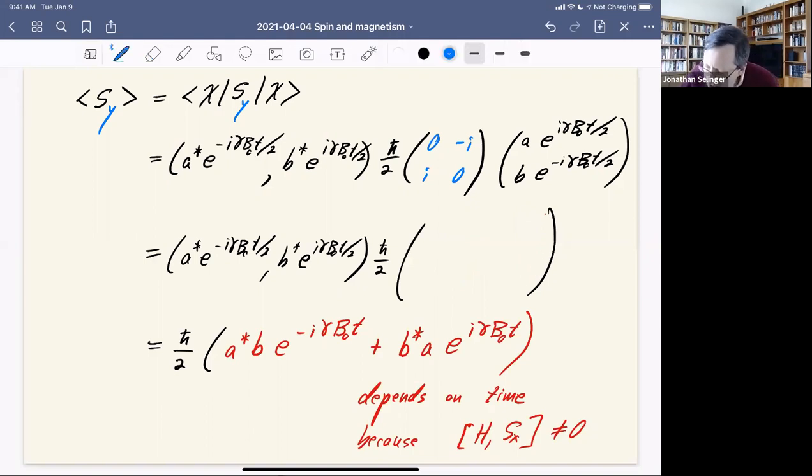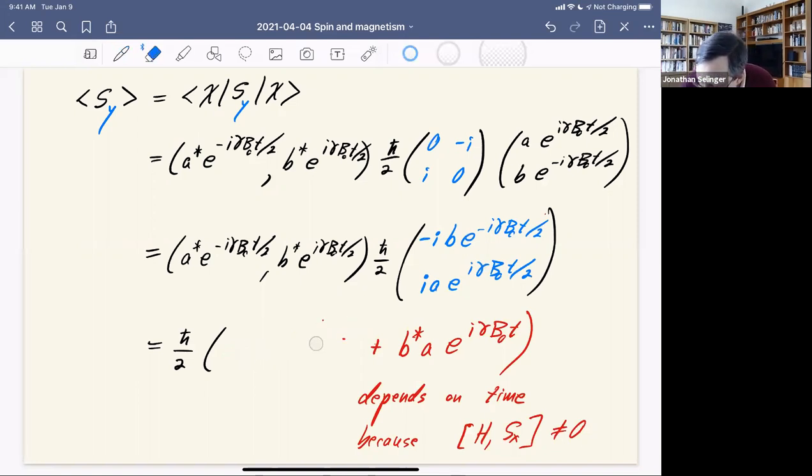On the top, I have negative i times B e to the minus i gamma B naught t over 2. And on the bottom, I have iA e to the i gamma B naught t over 2. Okay, and now I can multiply out the row vector times the column vector.